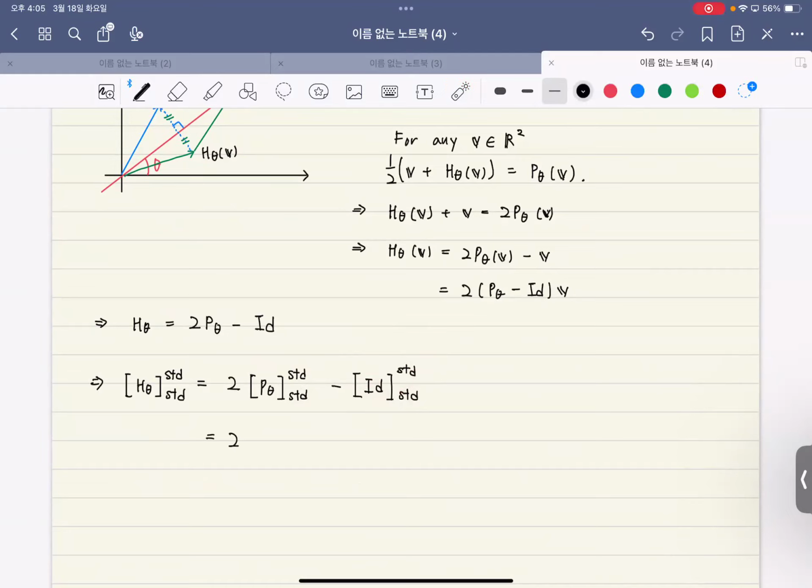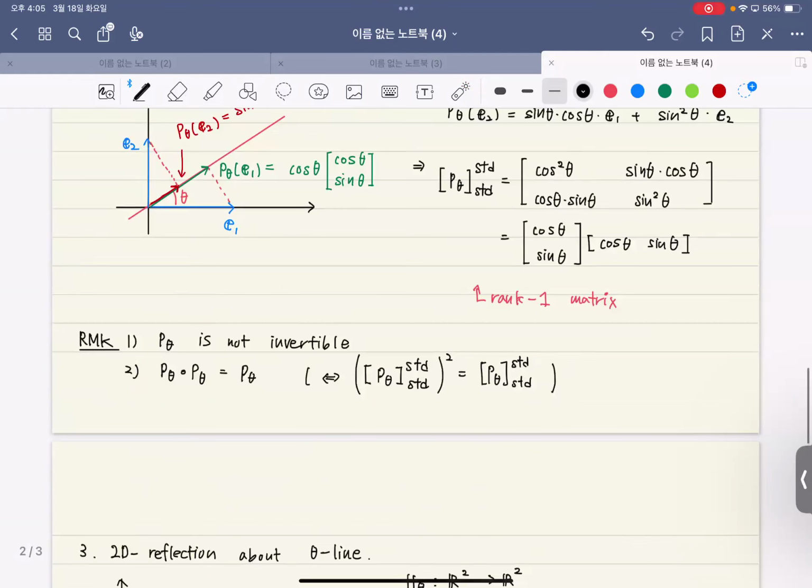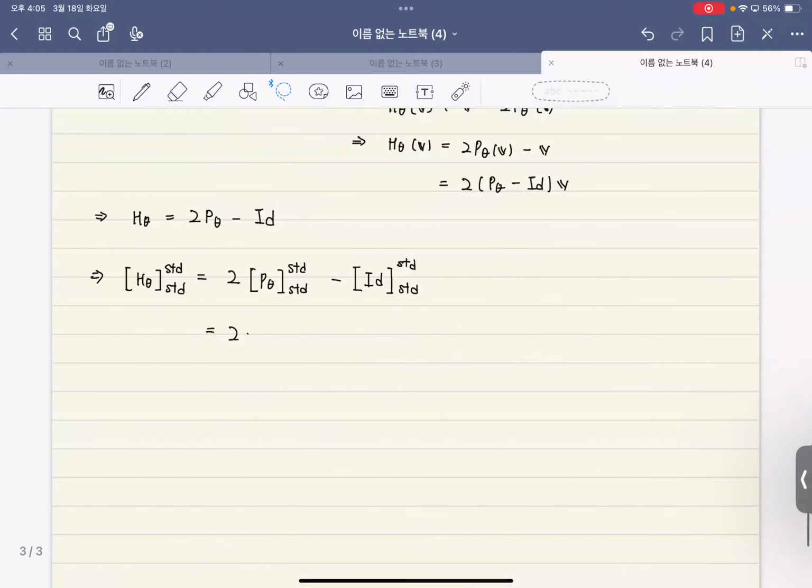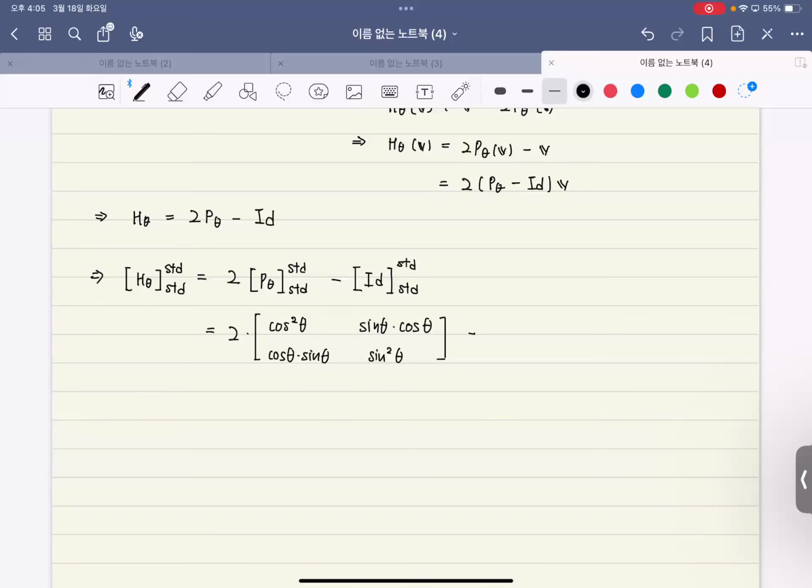So 2 times this matrix minus the identity matrix.